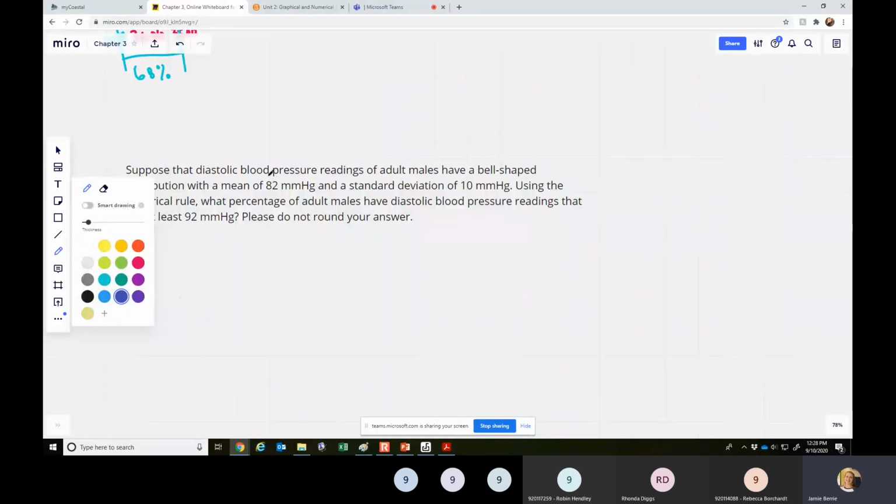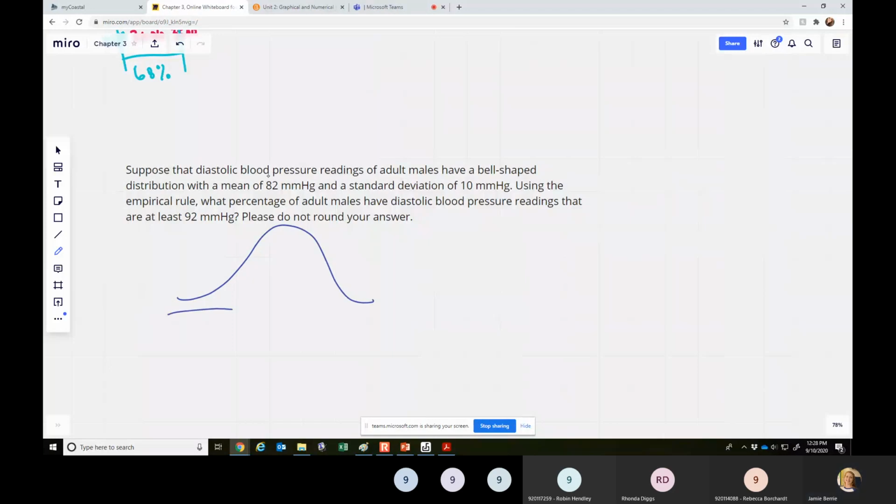All right, so I'm going to start by drawing my picture here. Mean goes in the middle for a bell-shaped distribution, so that's 82. Standard deviation of 10, so I'm going to label 92, 102, 112. Going below the mean, 72, 62, 52.